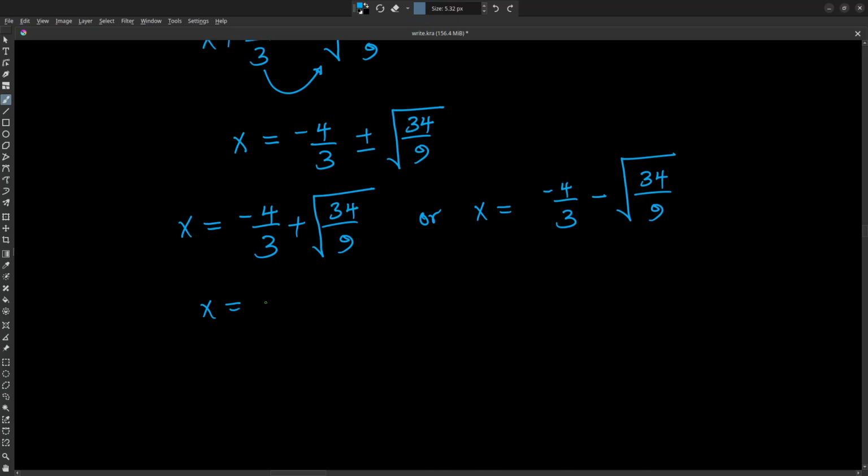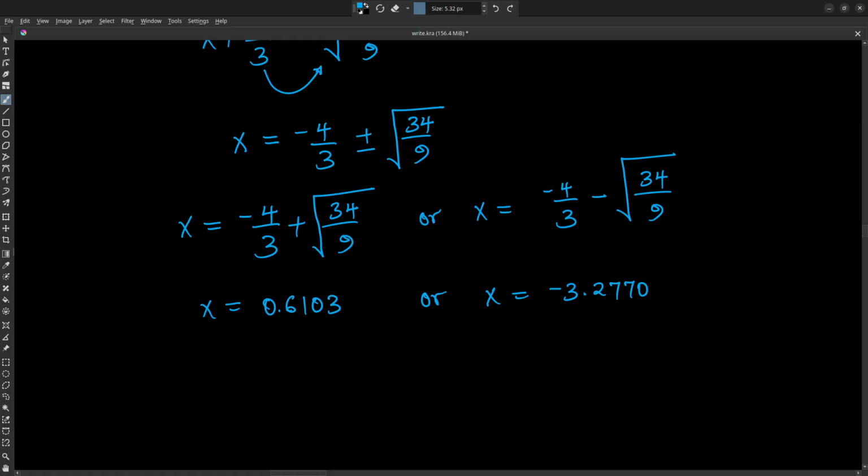So in the first case, I get 0.6103, or in the second case, negative 4 out of 3 minus the square root of 34 divided by 9, I get negative 3.2770.